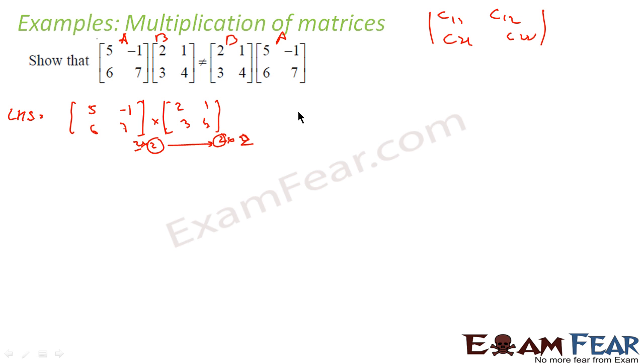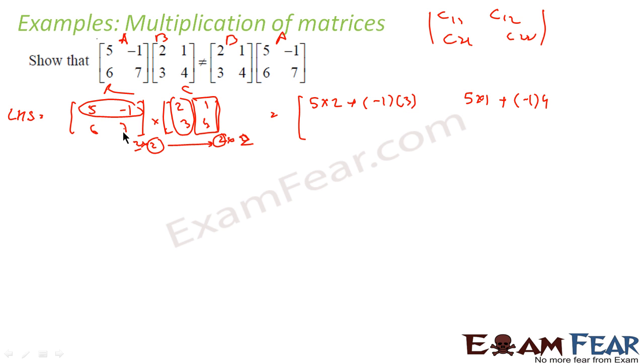So this is the first element C11. You take the row of this and column of this, so you add 5 into 2 plus minus 1 into 3. The second element is C12, first row, second column, that is 5 into 1 plus minus 1 into 4.